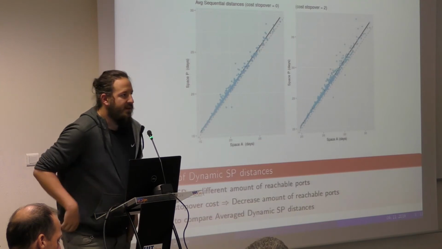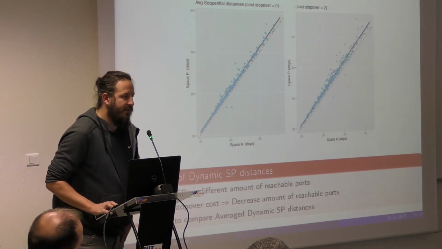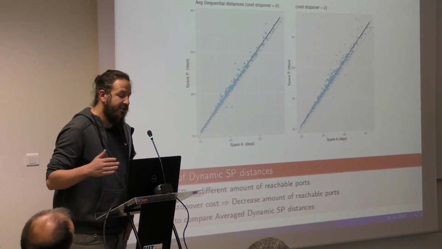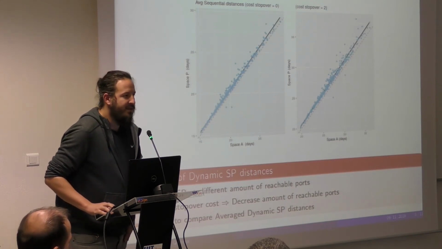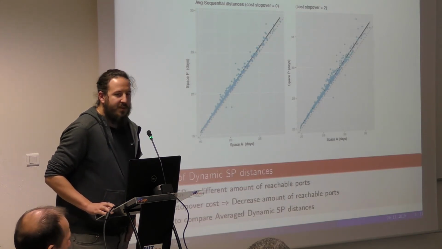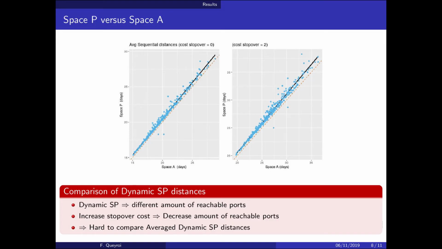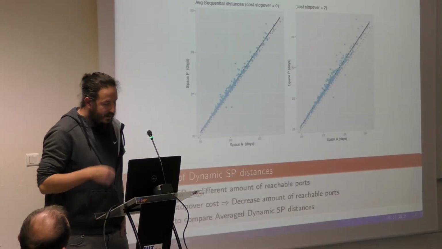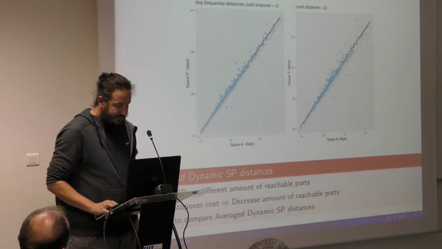And when comparing the sequential distance, which is the average travel time over the year 2009, you can see that there is really not much difference between space P and space A, which is either using only pathways or taking every indirect connection, which is not really surprising.